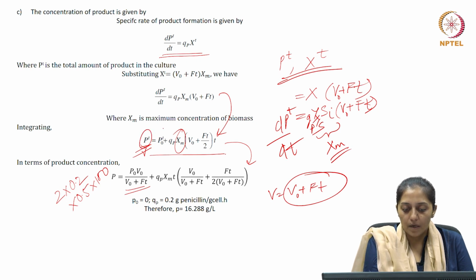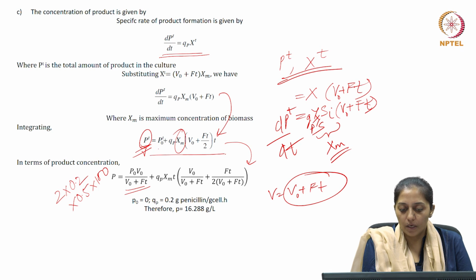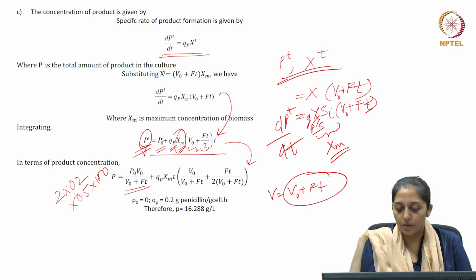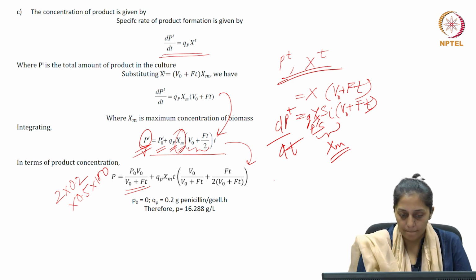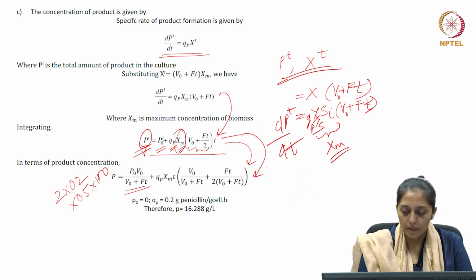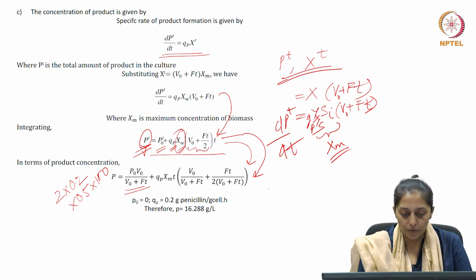If you put it in the expression given here, your amount of product is P naught times V naught, plus QP times X, the steady state biomass concentration, times V naught plus Ft by 2 times T. In terms of concentration, if we rewrite this equation, it will come out as shown here.